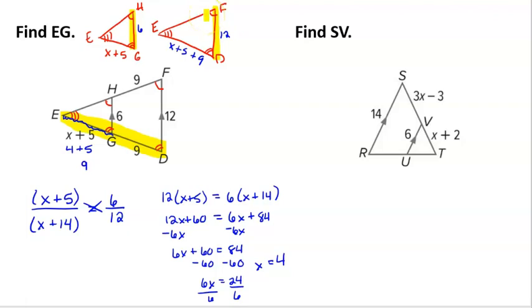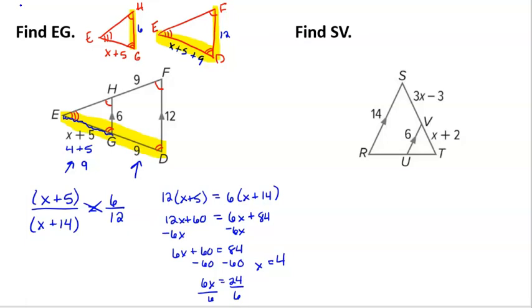And so it would make sense that G is going to be halfway between ED. So if that one piece is 9, that means this one has to be 9 as well, because EG is going to be half of my larger triangle. So that makes sense just from a reasonableness standpoint.